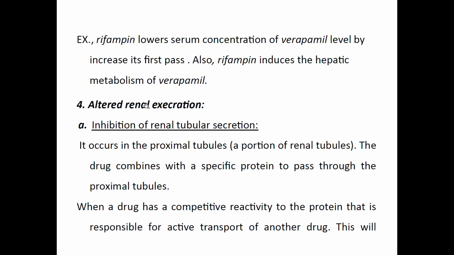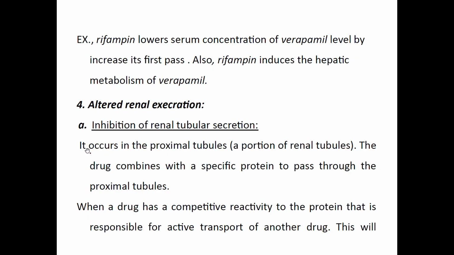sometimes one drug may interfere with the renal excretion of another, because renal excretion incorporates the glomerular filtration rate, active tubular secretion, then tubular reabsorption. So whenever tubular secretion or reabsorption happens, it involves different enzymes or proteins regarding the site of the nephron, and that's why sometimes drugs may compete with one another.